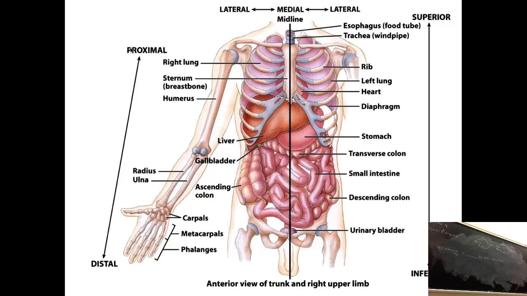And so these terms can always be used in a reciprocal manner. My head is superior to my chest, therefore my chest is inferior to my head. Exactly right. Very good. The one that people sometimes struggle with, your lab professor will cover this too, but I'm mentioning it now: proximal and distal. That's on a limb. That's going along a limb. So I don't do proximal and distal on my head or on my torso. But for example, if I compare my wrist and my elbow, how are they related to each other?